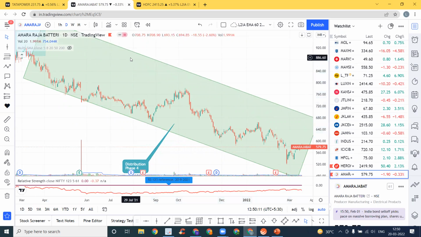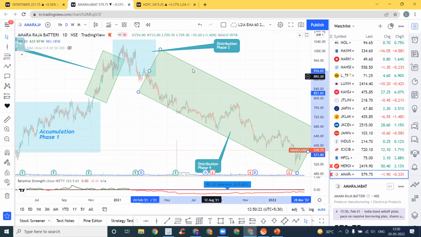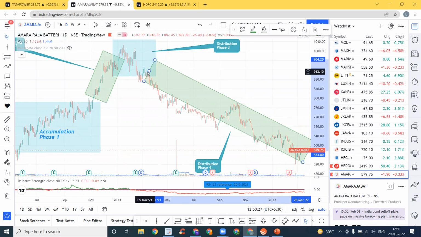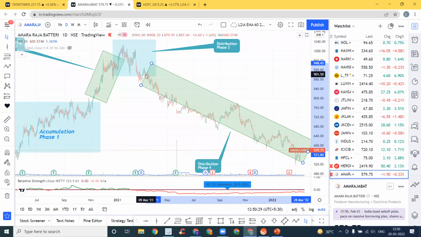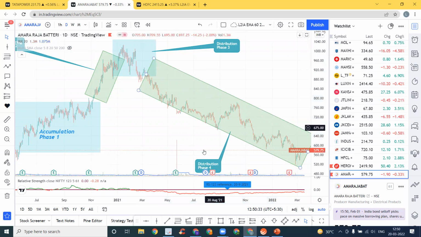See, accumulation, uptrend, distribution, and now it is falling. Let us see the volumes.